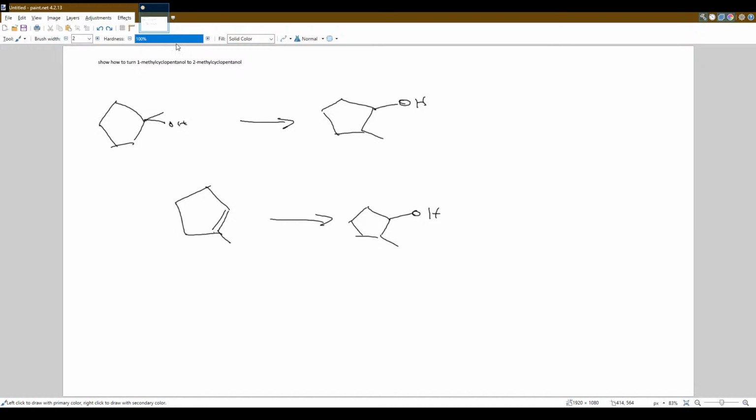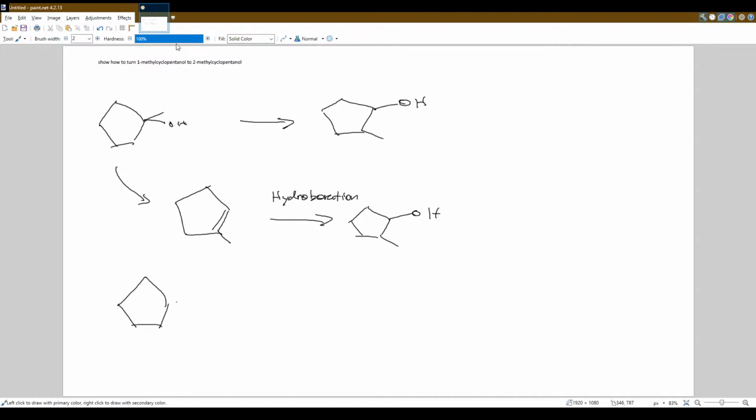So how do we get from this thing to here then? Let's just call this hydroboration. So how do we get to here? Well, it looks like we're going to have to do a dehydration reaction to get rid of the OH group. So how would we do this?